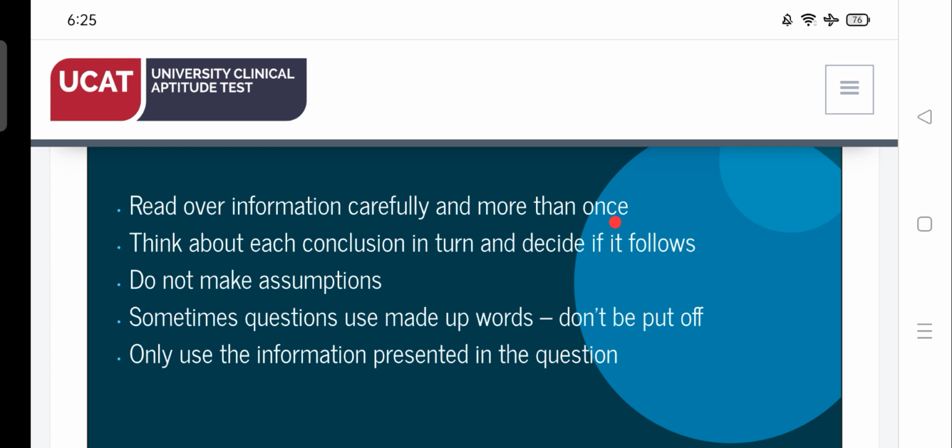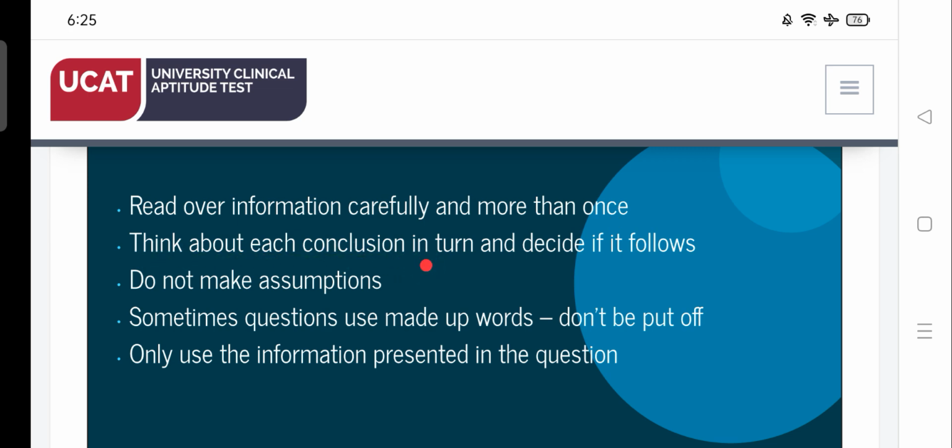You can read it twice. Your focus should be on that information, what they are talking about, what they are asking for, what they are saying. Then you can conclude your answer.